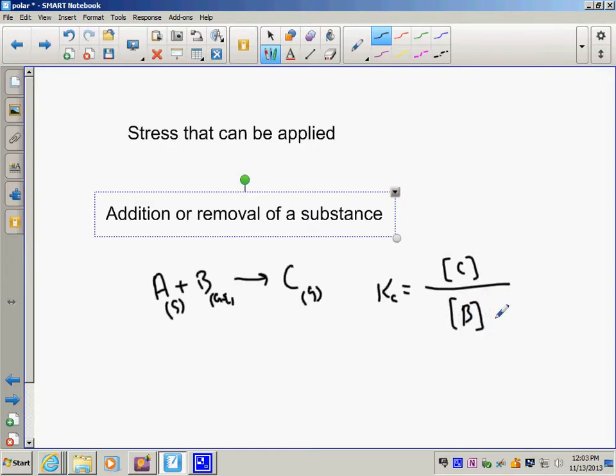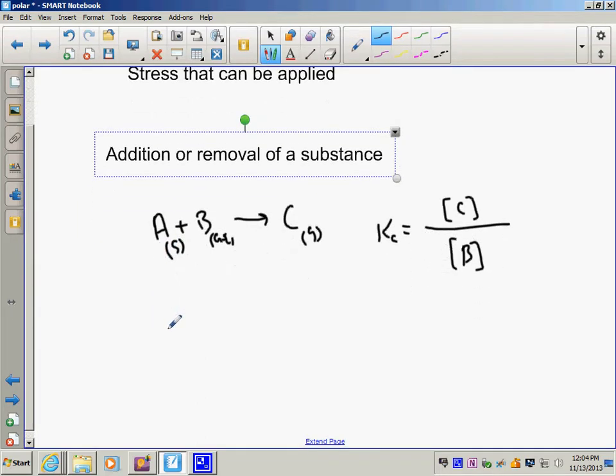And notice that, fortunately or unfortunately, this A doesn't even show up in this expression. So adding A or subtracting A will have no change, nothing affecting B or C's concentration. But if I were to, let's say, add B, now there are two different ways in which they might phrase this question.